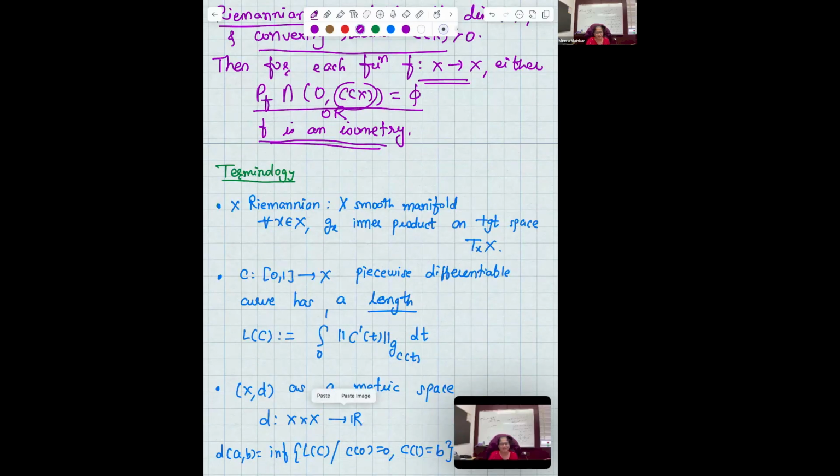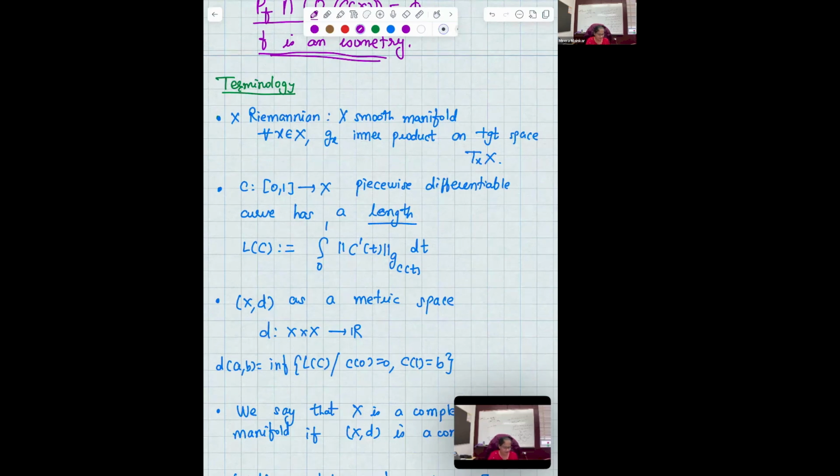Okay, so a quick terminology, because I was told that not everyone here is familiar with this. I apologize in advance if it is too basic, but I just want to quickly recall. We say that a smooth manifold is a Riemannian manifold if for each point you have an inner product, so you have a distance notion on the tangent space.